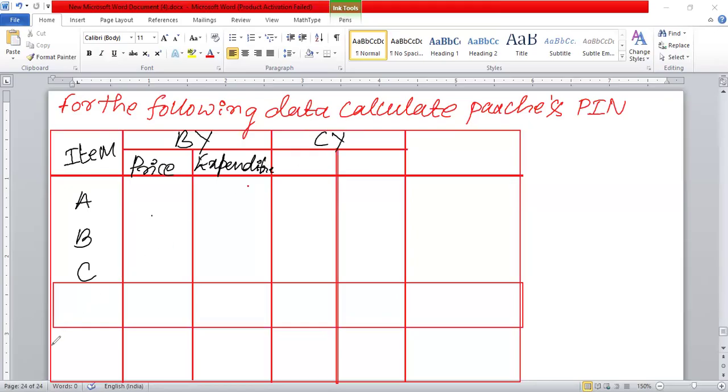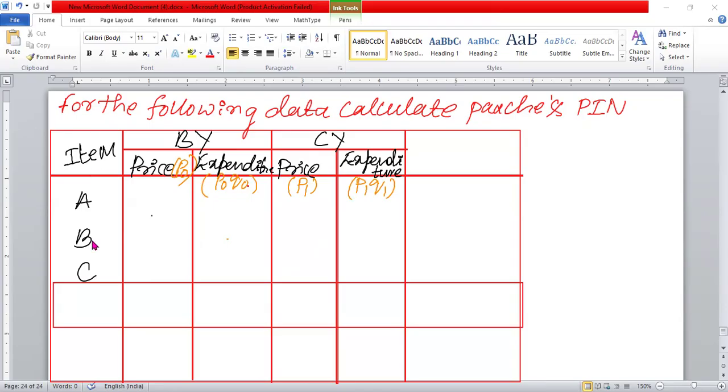Current year: price, expenditure. Let me identify the notation first. First one, P0. Second, P0, Q0. This is P1. This is P1, Q1.